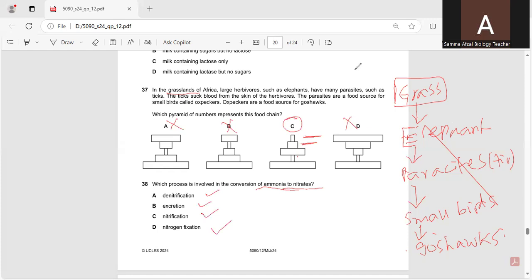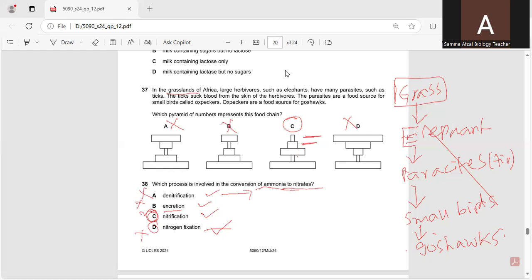Denitrification means nitrates are broken down again. And excretion is a different process. Nitrification is the process in which ammonia is converted into nitrates, and nitrogen fixation is the process in which formation of ammonia will take place. So in this way, C is the correct option and all other options are not correct.